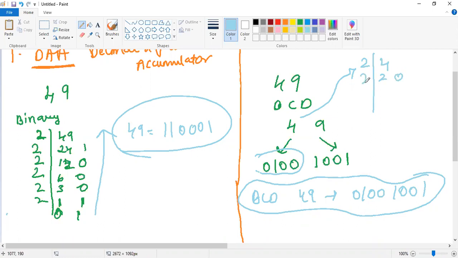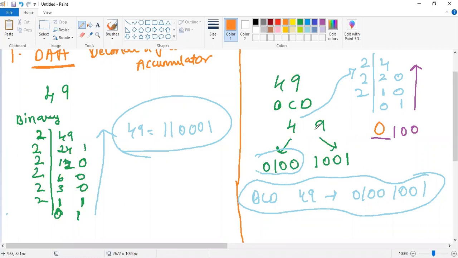Two 2s are 4, 2 1s are 2, 2 zeros are 1. Here I have to stop, because I have to represent the number in 4 digits. So I add a 0, giving 0 1 0 0, because I have to represent it in four bits.